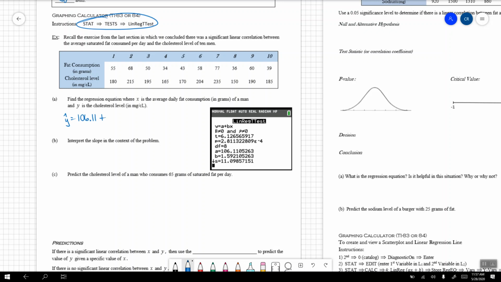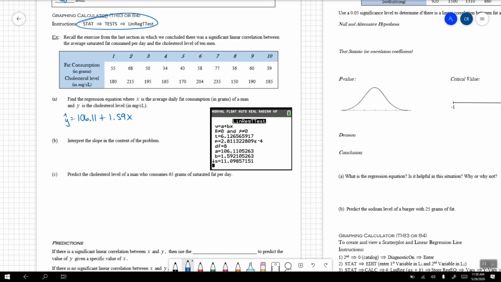That was my y-intercept. Now I need my slope. My slope, according to this equation, is b, and I'm going to use 1.59. And this is going to be x. Don't forget the x, because the x lets us know that this is your slope. The slope is always multiplying that x value.